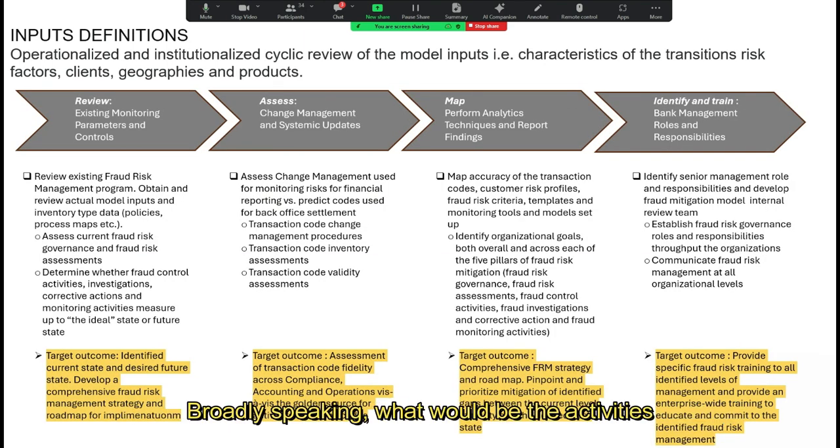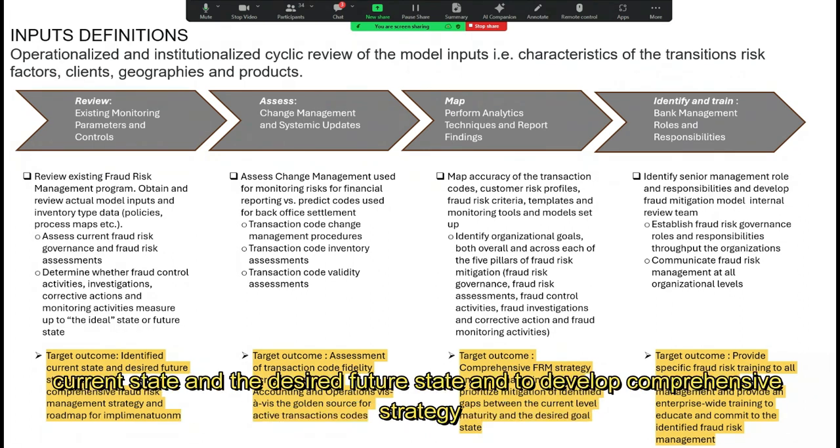So broadly speaking, what would be the activities performed by model validation on the inputs, i.e. the data? The activities would be review, and the target outcome would be to identify the current state and a desired future state, and to develop a comprehensive strategy.